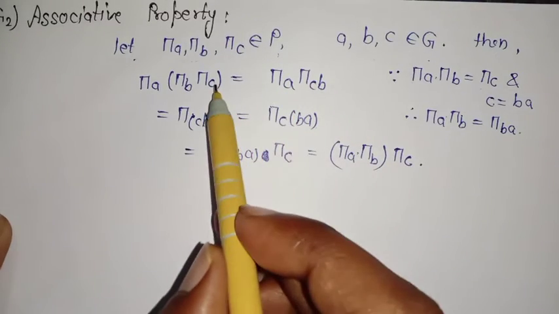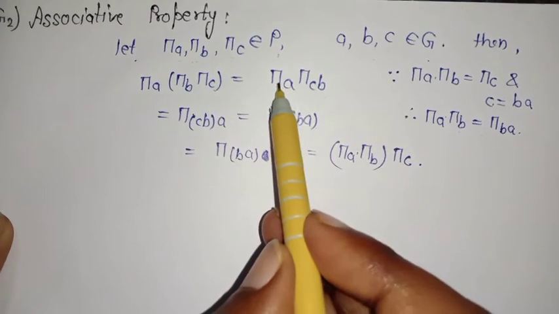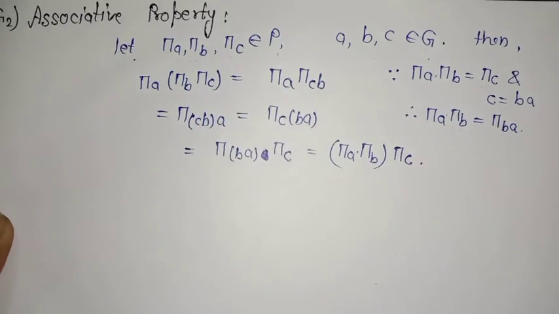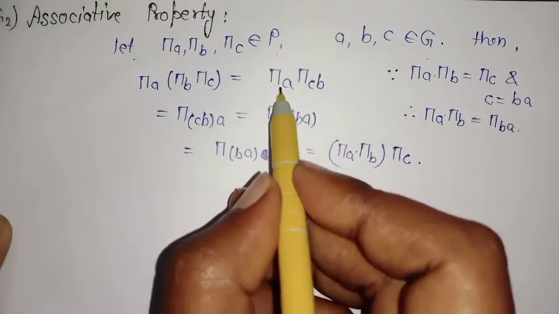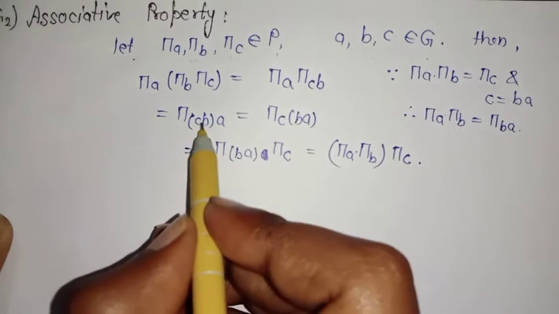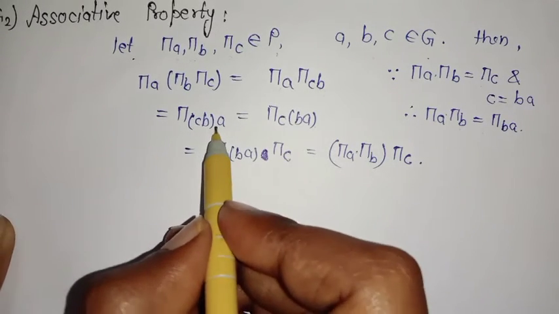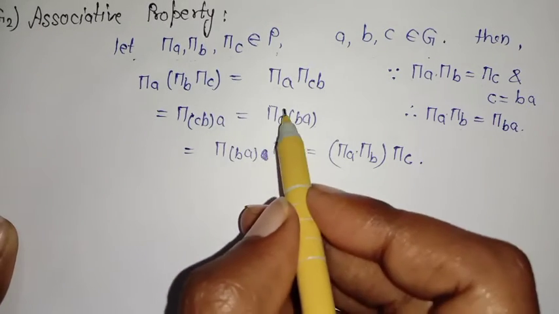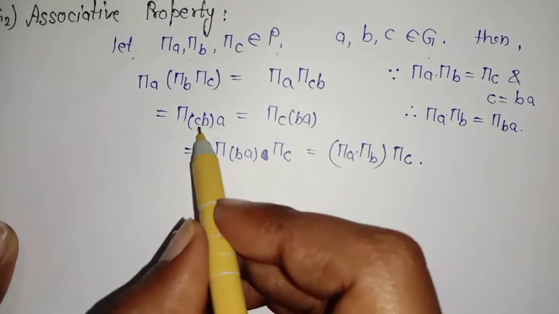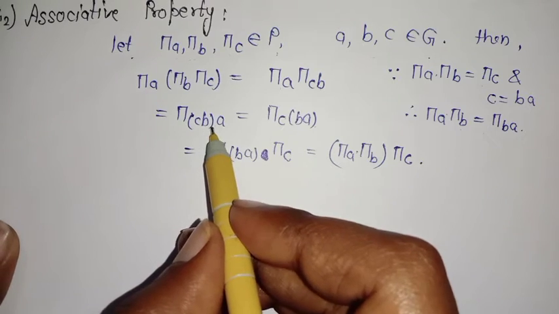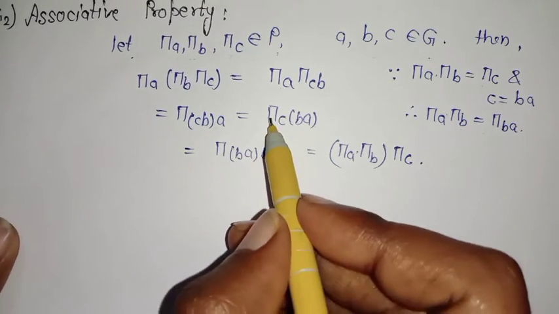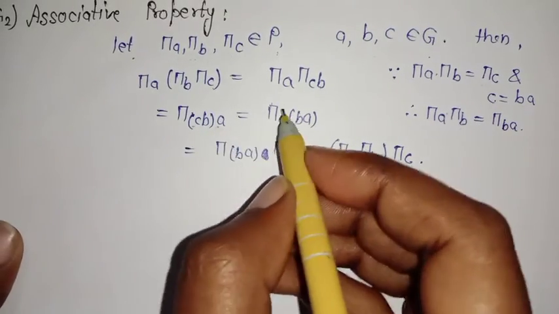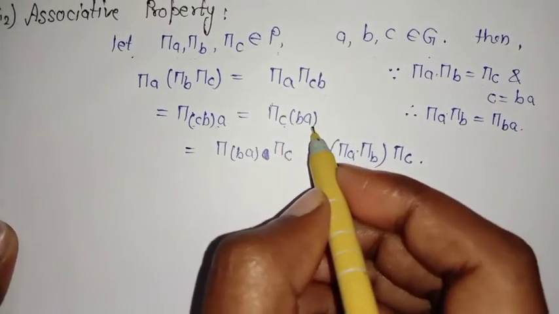If we use this property, then pi b dot pi c becomes pi a into pi of cb, because this gets reversed. Now if we use this function again over here, cb comes first and then a, so this becomes pi of cb into a. If we use the associative law over these elements, because they are the elements of group G, they will satisfy the associative law. So applying the associative law over these 3 elements, this becomes pi of c into ba.